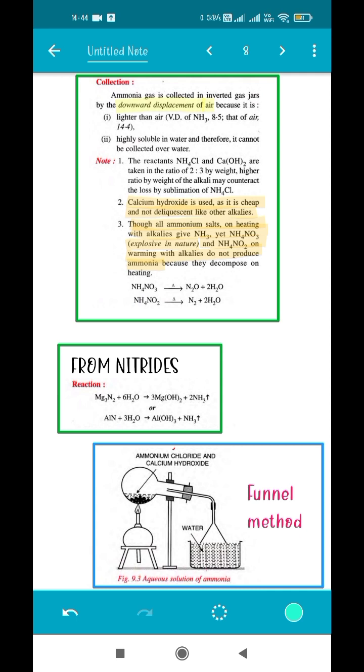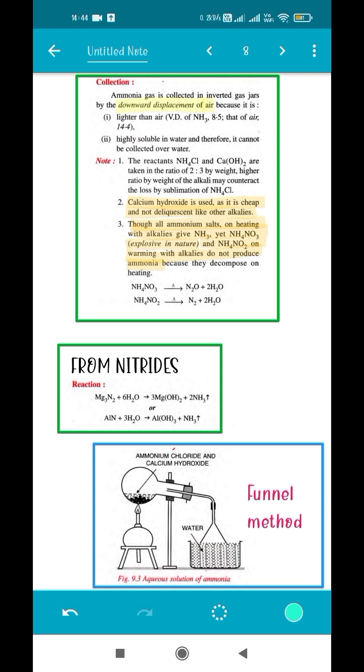Ammonia will be formed over air, but in the previous case, hydrogen chloride was forming below air. Another reason why ammonia is not collected over water is that it is highly soluble in water, just like hydrogen chloride. As a result, when we mix ammonia with water, we will use the funnel arrangement once again.